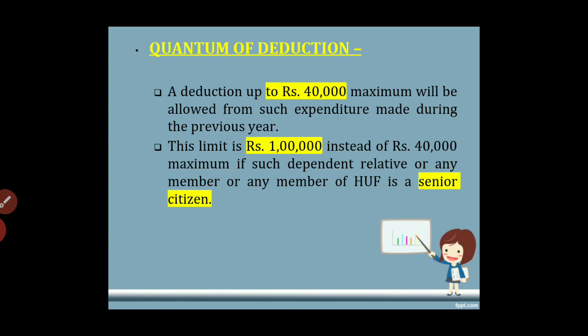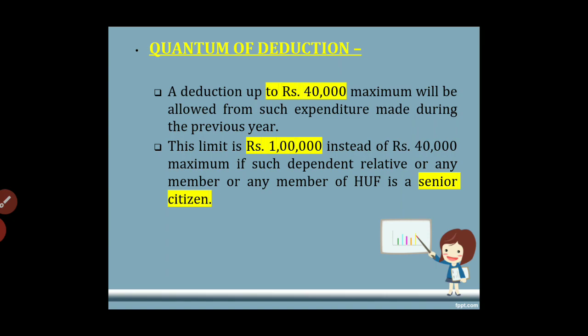Number 1, a deduction up to rupees 40,000 maximum will be allowed from such expenditure made during the previous year. That means if any assessee is incurring medical treatment expenditure on any specified disease, then a maximum of rupees 40,000 he or she can claim as deduction. Students, let's take an example.